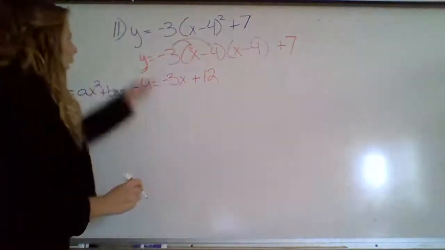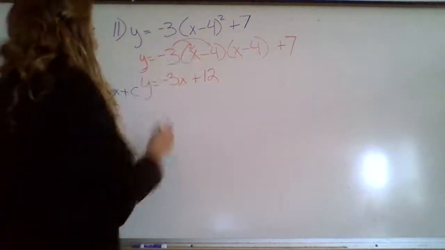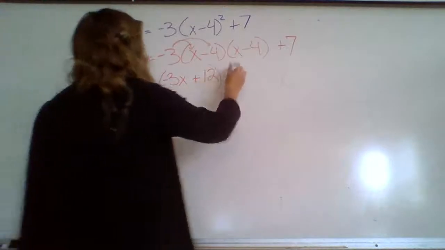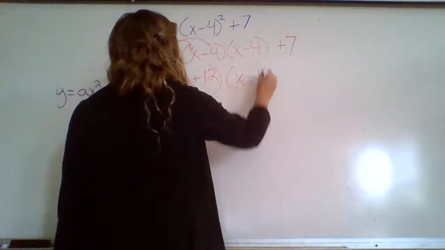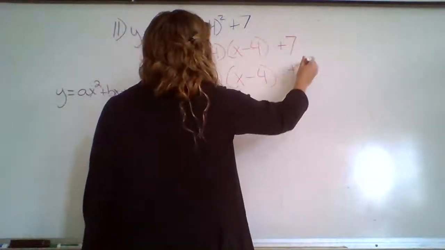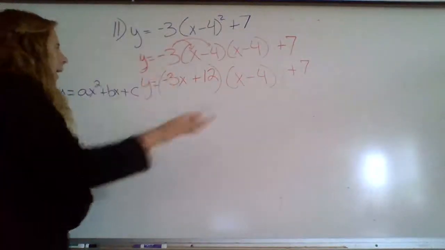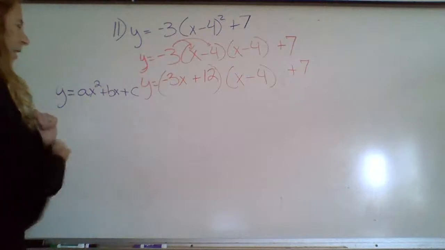Okay, so all I did was multiply by -3 here. Then this has to go back in parentheses because we still have to multiply it by x minus 4. And the 7, we'll wait until the very end to use the 7. Okay, we can't add him on yet. We have to do all of our multiplication first.